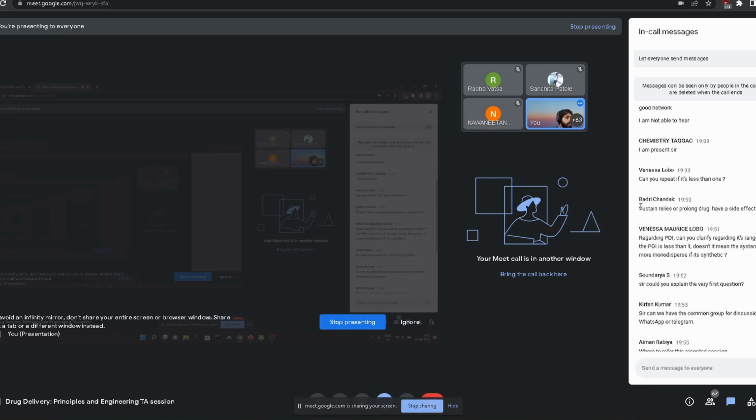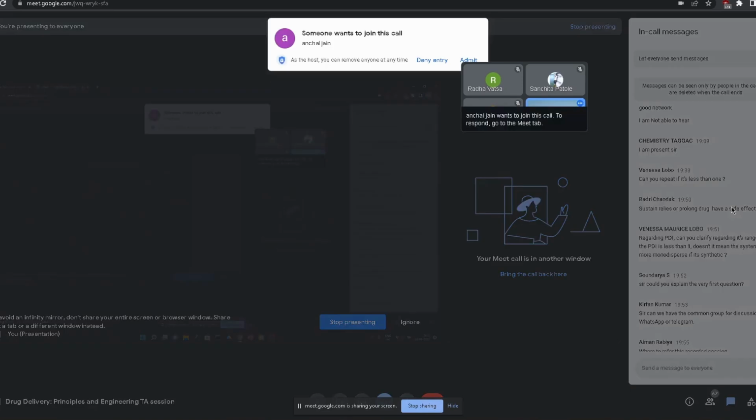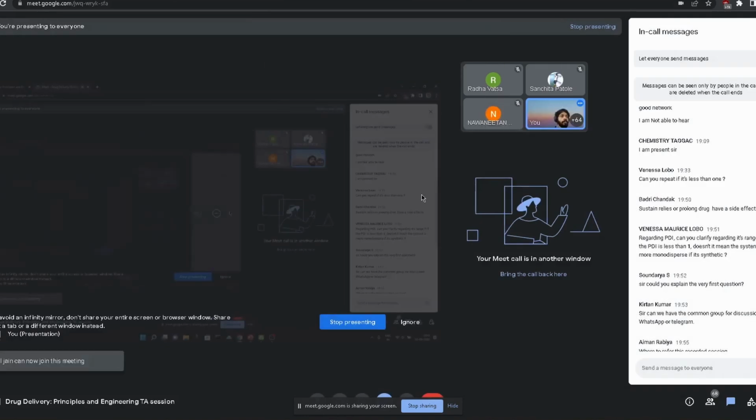Okay, but sustained release or prolonged release have side effects. So they do. The idea is that you reduce the total number of side effects that are present. If I were to take a drug which has 10 side effects, and three of these 10 side effects are because of the concentration of the drug that I'm taking, you want to eliminate those three side effects through sustained or prolonged release.